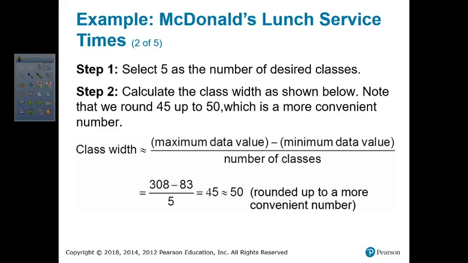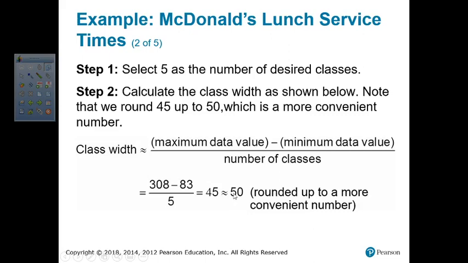In reality, it may have to be bigger than 45, maybe 46. So we just round it to 50 and say, okay, we're going to make our class width 50, because 50 is a convenient number that is bigger than 45. No one says we have to use this exact number or any particular exact number. We just use a number that's a little bit bigger. So we're going to use a class width of 50.